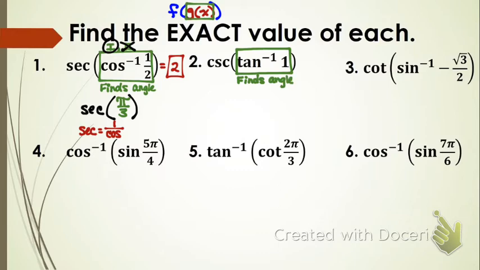Where is tangent equal to 1? Pi over 4. So this whole thing is pi over 4. And now I want cosecant of pi over 4.